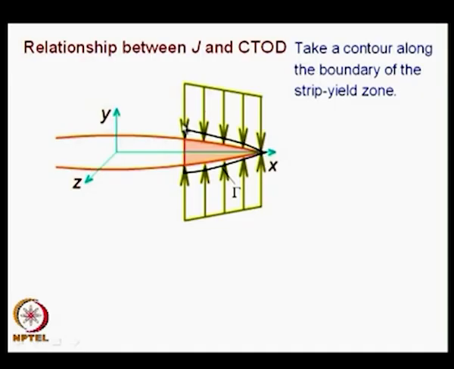For clarity it is shown as big, but you consider that this is very close to this, and if you apply the J integral concept, it is possible for you to relate J equal to sigma ys into the CTOD. I will not get into the derivation part of it. You will be able to find out based on J integral, there is a relationship between J and crack tip opening displacement.